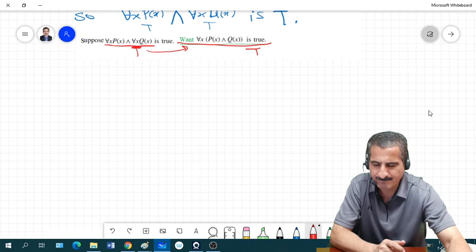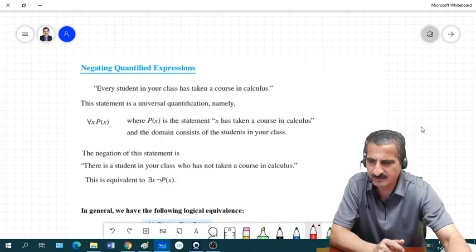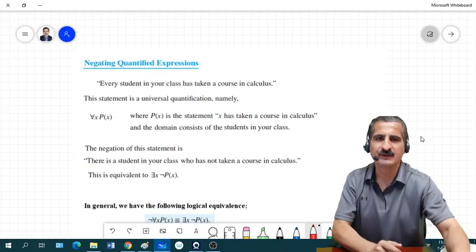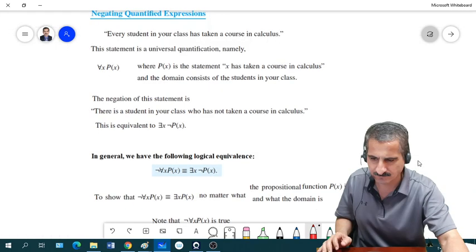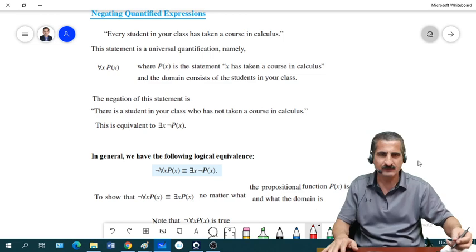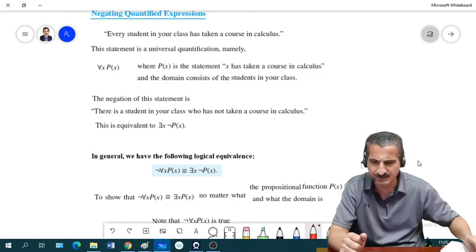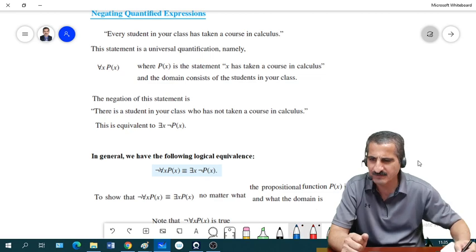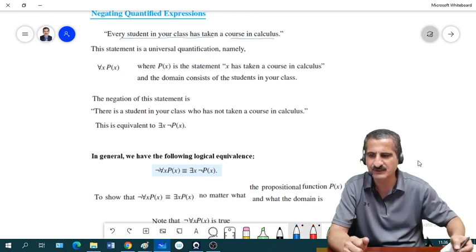Okay, negating a quantified expression. So how do we do the negation of for every x and the negation of there exists an x. Okay, now this example presents what is happening. Every student in your class has taken a calculus course.